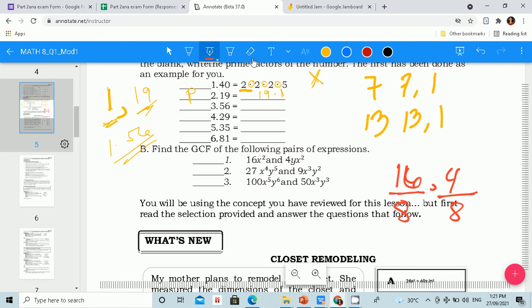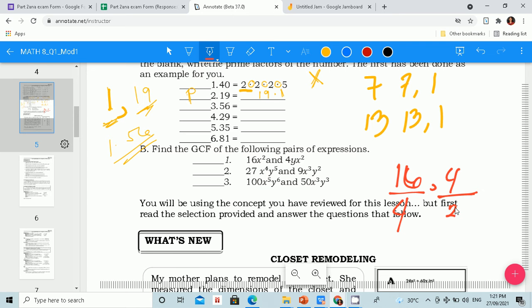So now we will try another number. We have 16 and what about 4? 16 divided by 4 is 4. So 4 is a factor of 16. What about 4? What is the factor of 4?